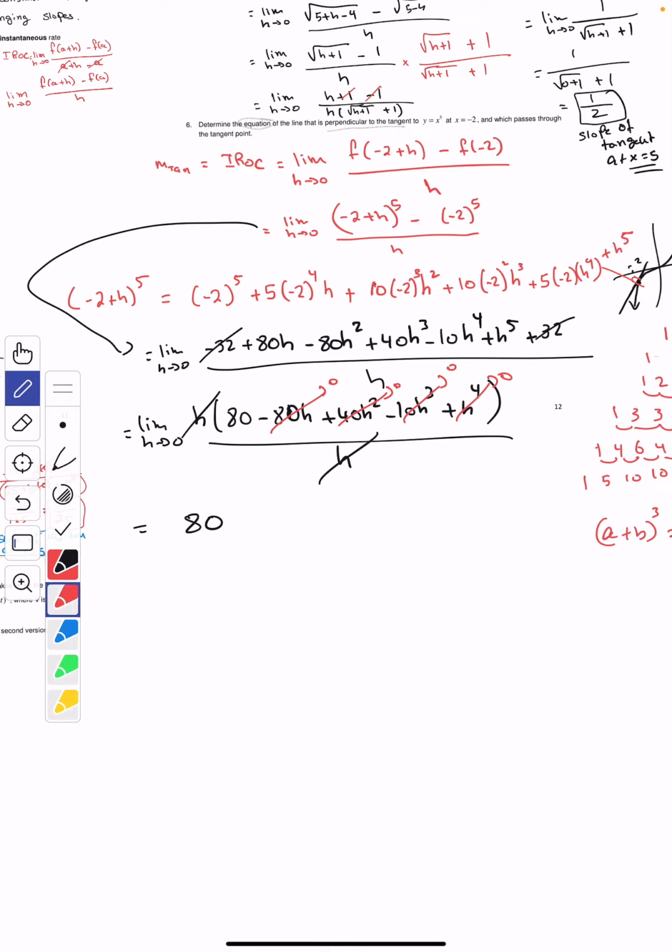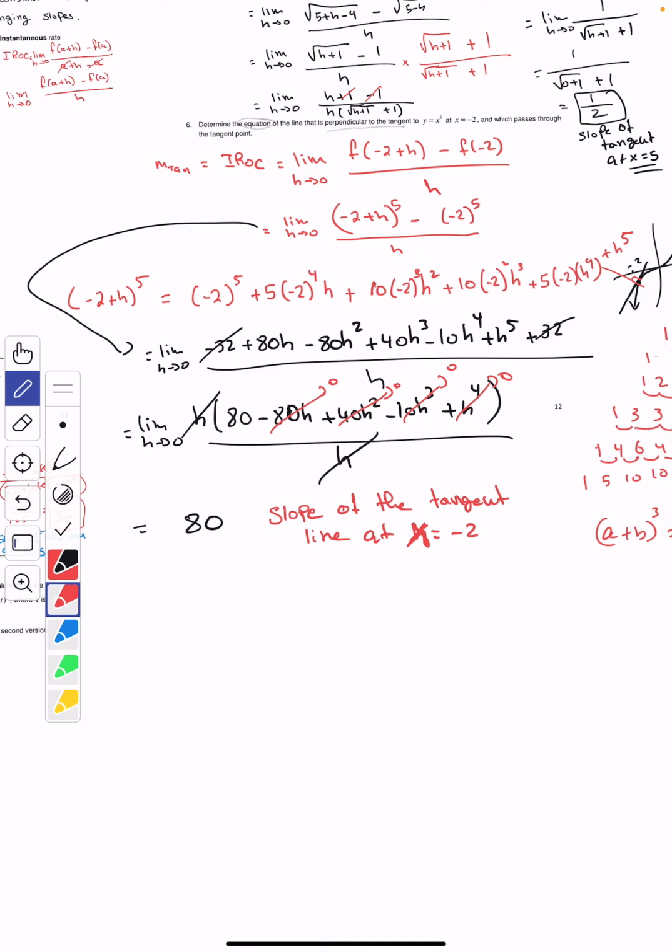So this is the slope of the tangent line at x equals negative 2. Remember that we said that because we're looking for the equation of the perpendicular to the tangent, which means I'm looking at a line that has a slope of negative reciprocal.